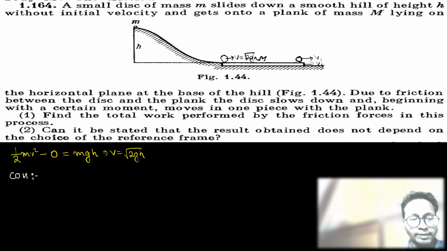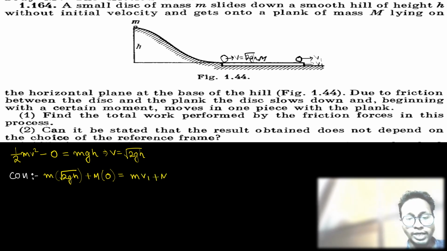Mass of ball into velocity of ball, under root of 2gh, plus mass of slab into velocity of slab, which is the initial momentum, is equals to mass of ball into final velocity of ball plus mass of slab into final velocity of slab.